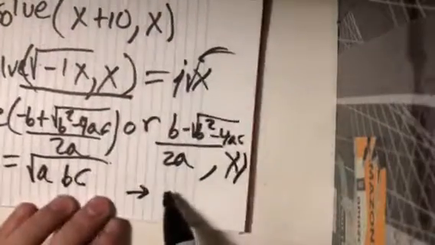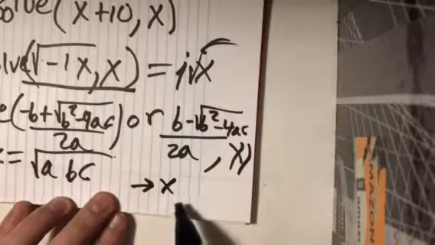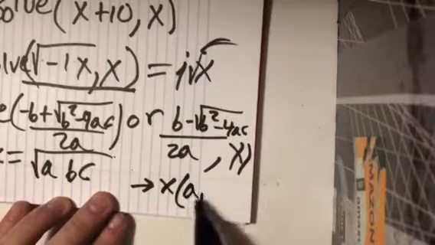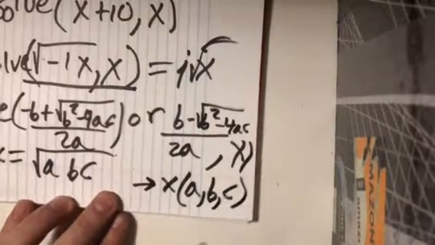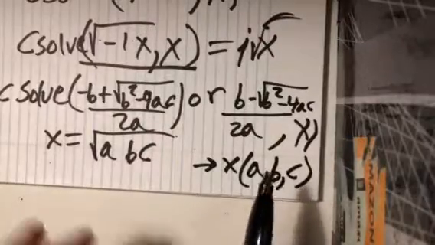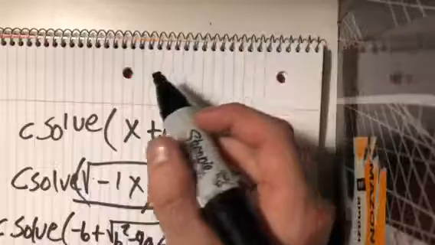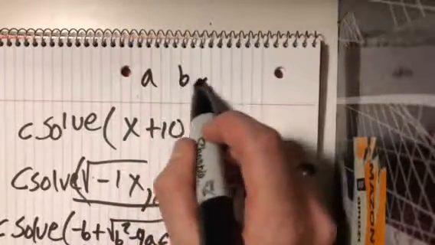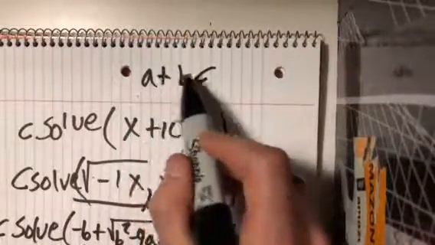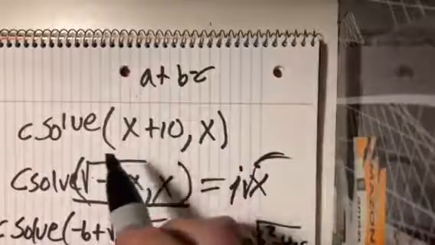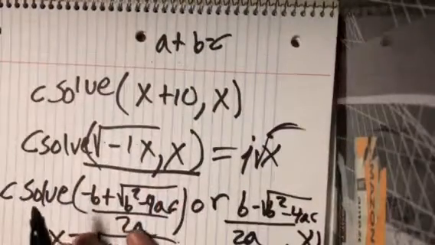You hit store, and then you say you want to use the variable x, and it's going to be with regards to a, b, and c. So then after that, all you have to do is just insert the a and b and c of your equation, whatever they are, complex wise, what have you, and it'll spit it out every time.